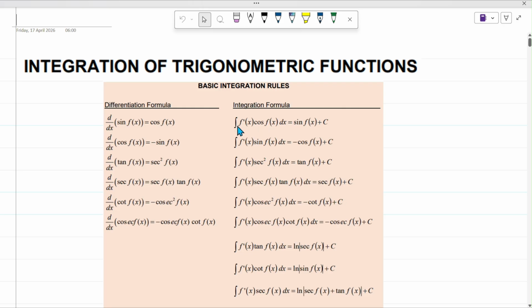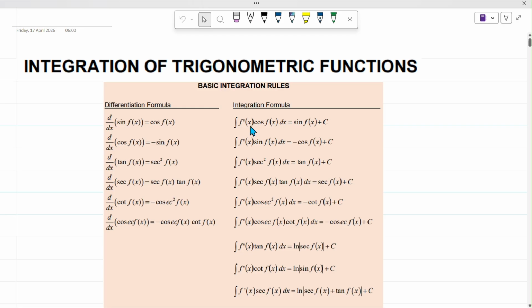So here we have the integral of cos of f of x multiplied by f prime of x, which becomes sine of f of x. What you need to make sure in integration is that you always have the derivative of your argument. The argument, in this case, is f of x. When we differentiate this argument, we should get f prime of x.